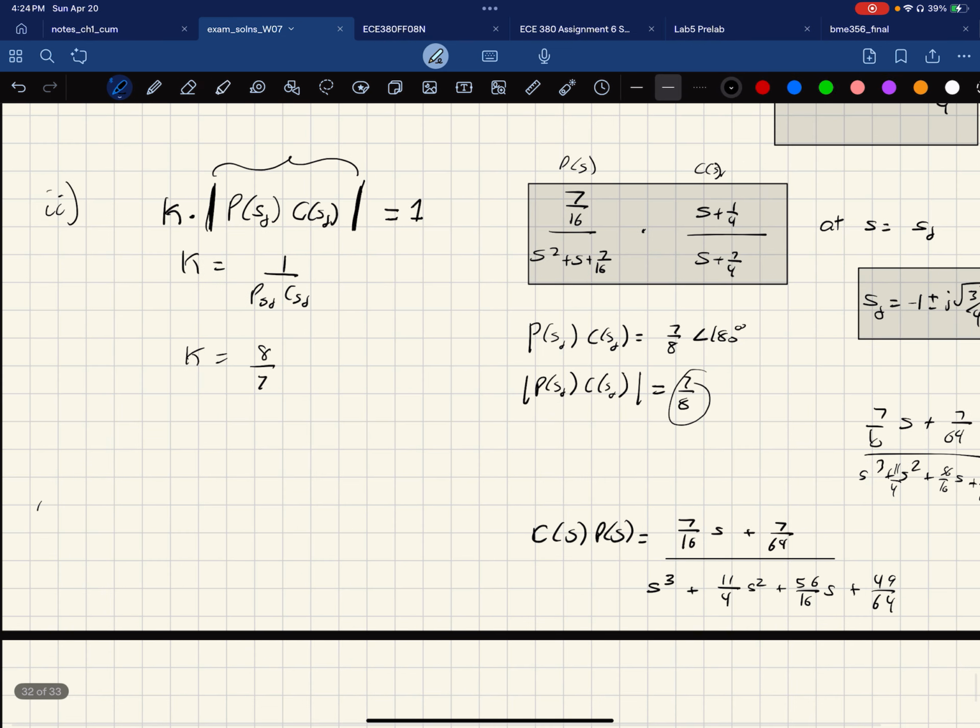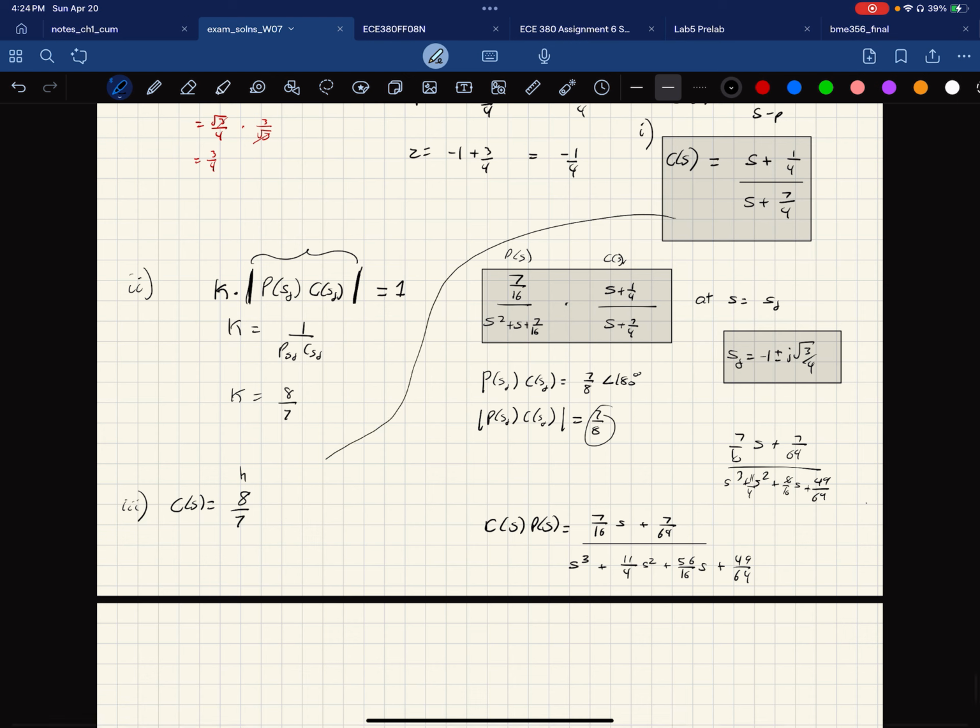And we said that my answer to part 3 is that C(s) equals K, 8 over 7, times the value of C(s) that we got here, which is (s + 1/4) over (s + 7/4).